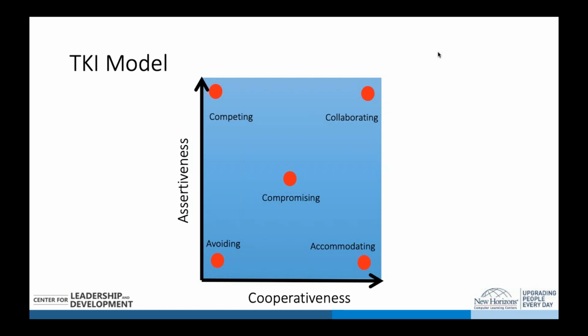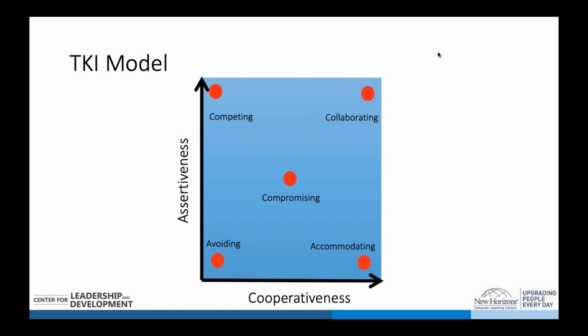But if you're always having to compromise what you want to satisfy somebody else, you're actually not dealing with the root cause of conflict, and something is still going to be simmering underneath. And you're going to likely move from compromising to competing. And that becomes a challenge. So compromising is something which, to get past an issue, might be a suitable strategy, but again, not something which you should be using all the time.